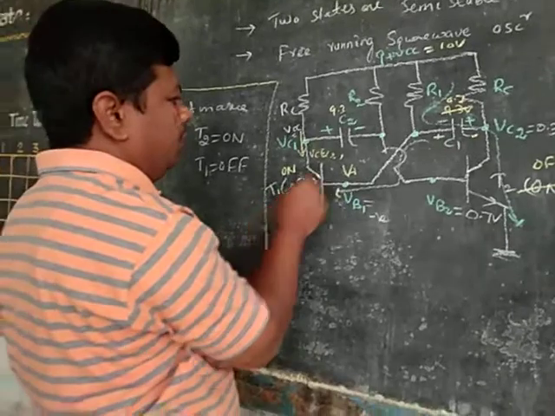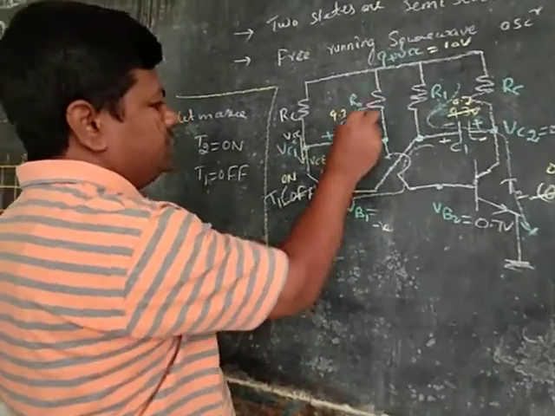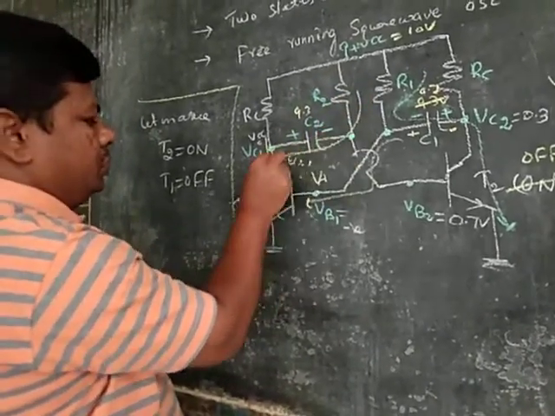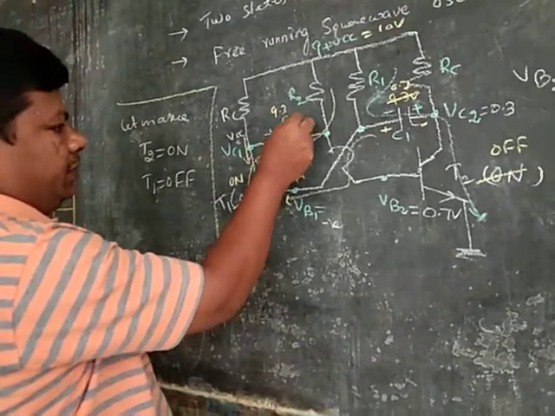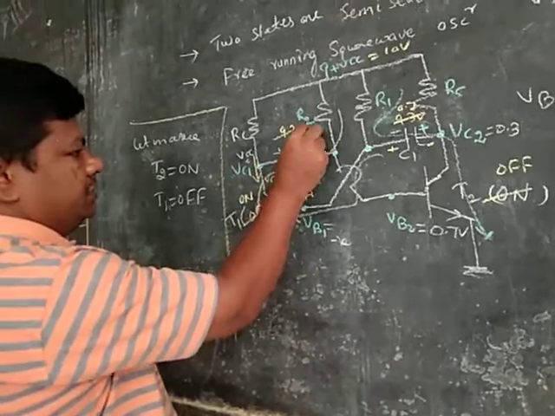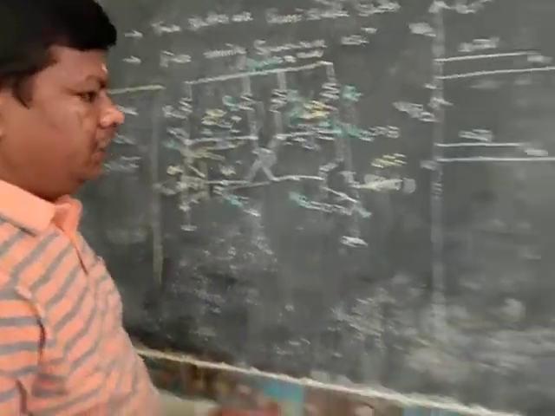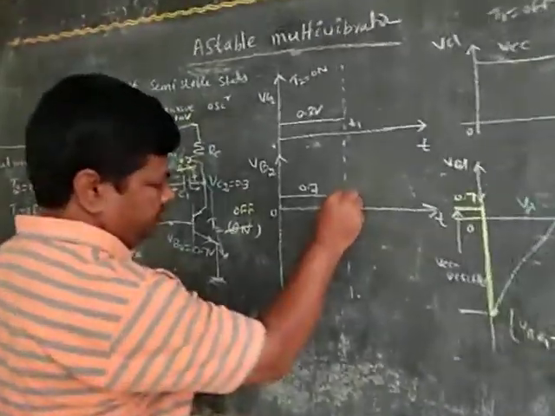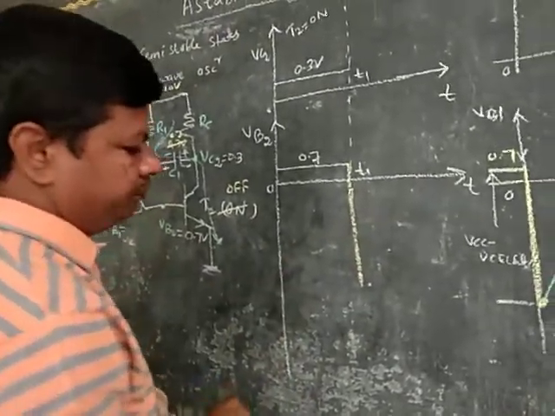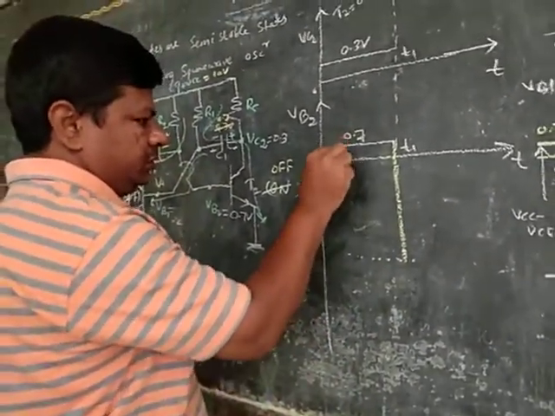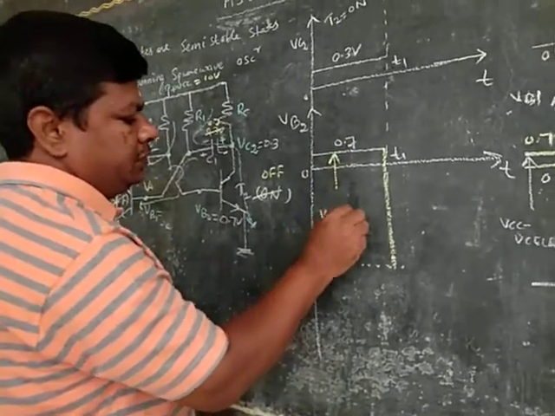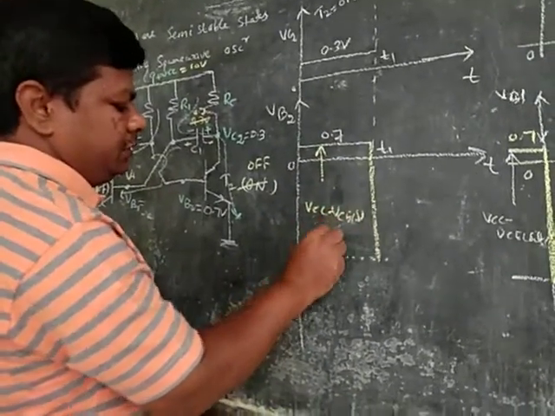Whenever T1 is on, the C2 capacitor discharges. Initially it is 9.3. After completely discharging, again it will charge with opposite polarity. Coming here, VB2 suddenly drops to VCC minus VCE saturation.